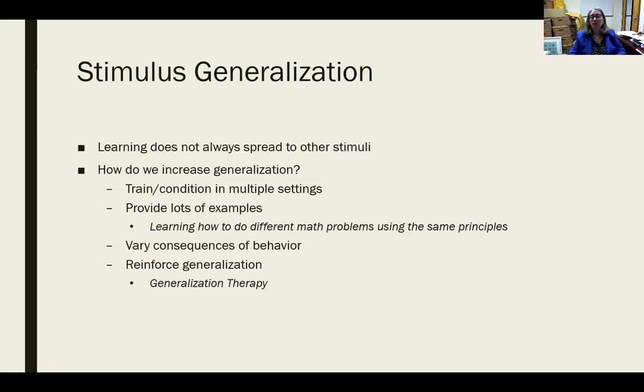Well, that's all well and good, but all of that's done in the therapist's office. How can you get that to generalize to the person's home, or to being outside, or being on a beach where there's seagulls and such? So generalization therapy tries to reinforce generalization of the different stimuli.